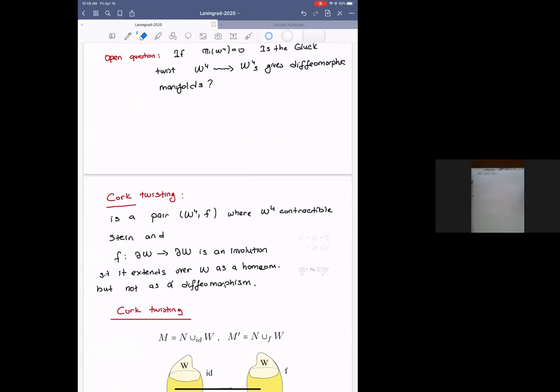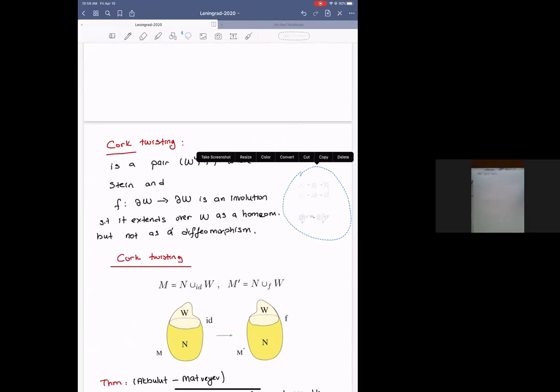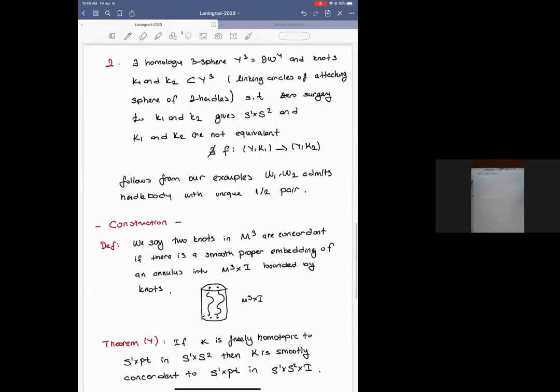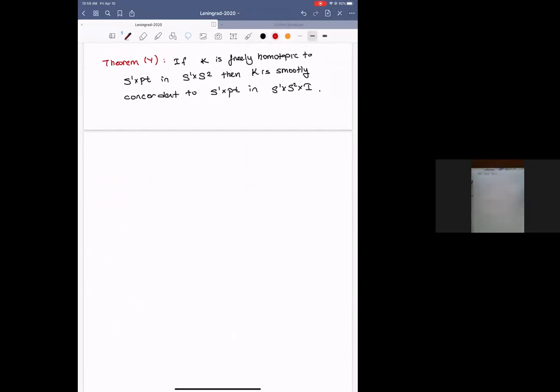So the proof is supposed to be somewhere here. It's here. Thank you, Stein.